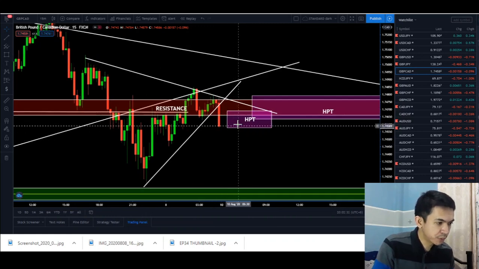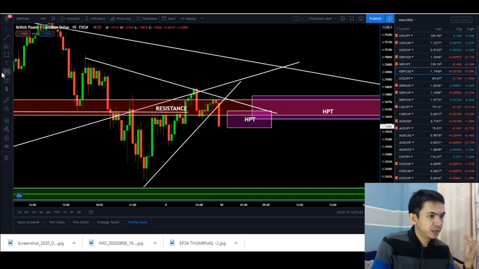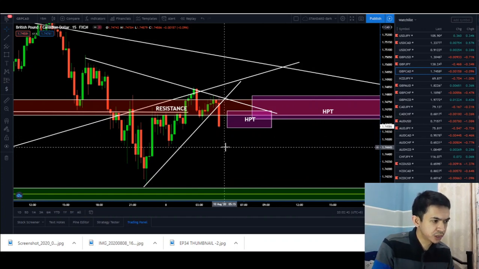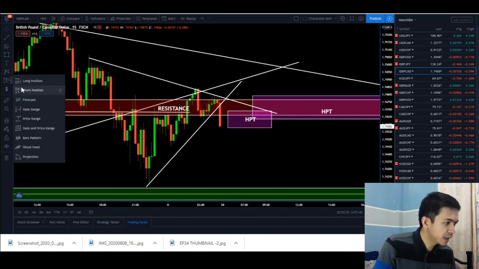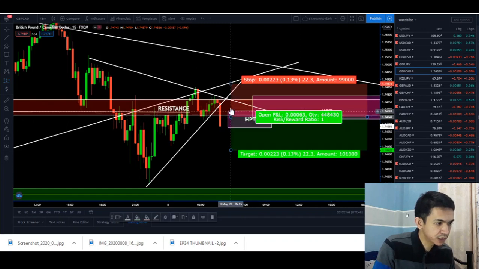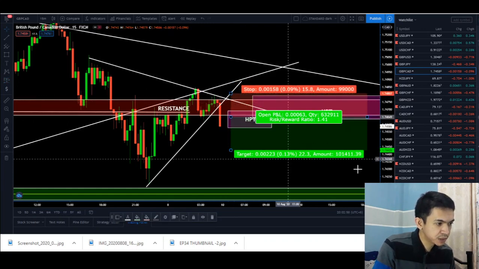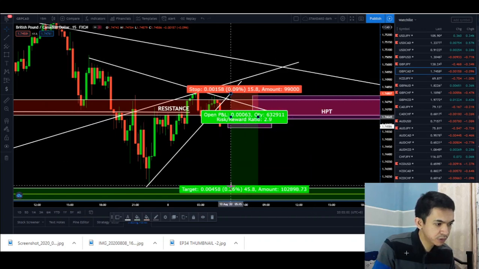So if the price reacts to this and provides us a candle confirmation, like a bearish shooting star or bearish engulfing, that will make us have a much better entry. And of course, if the price reacts here, my stop loss will be just above this structure, and my TP would be here.